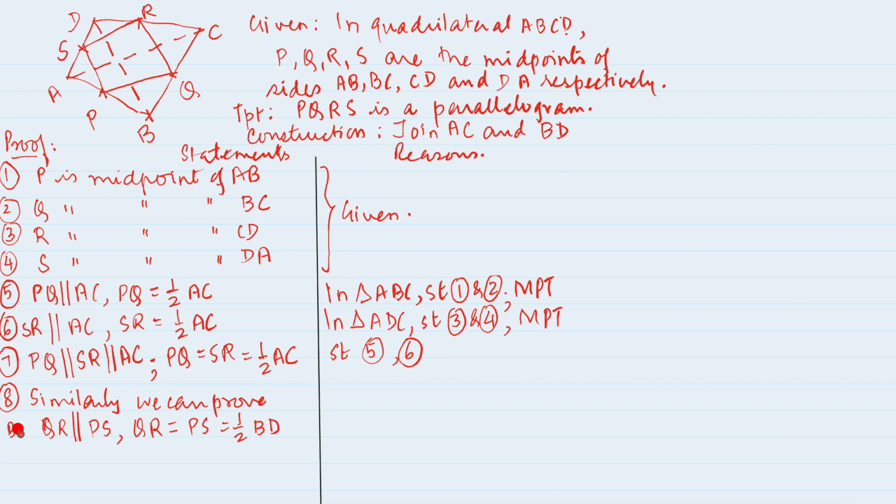So I forgot to write. So I'm going to write like this. So we have PQ parallel to RS and this will be parallel to this. Okay, so we'll say therefore PQRS is a parallelogram, and this will be from which two statements? 7 and 8.